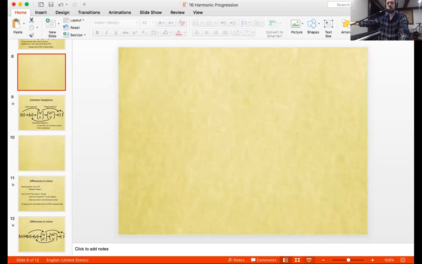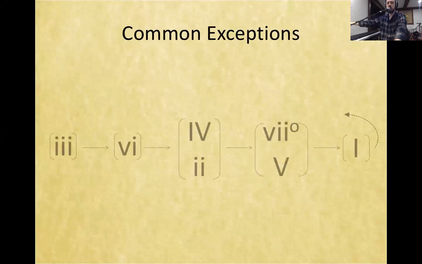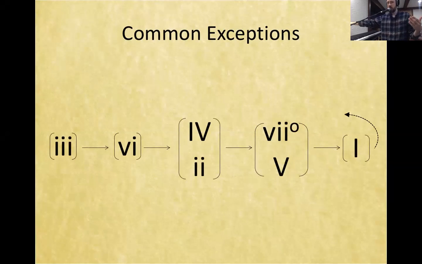So what we want to do is talk about some common ways that we do it differently, some common exceptions to the chart. So this is what we've started with here. This is the chart that we've built up, which involves that real linear 3 to 6 to 2 to 5 to 1 motion.